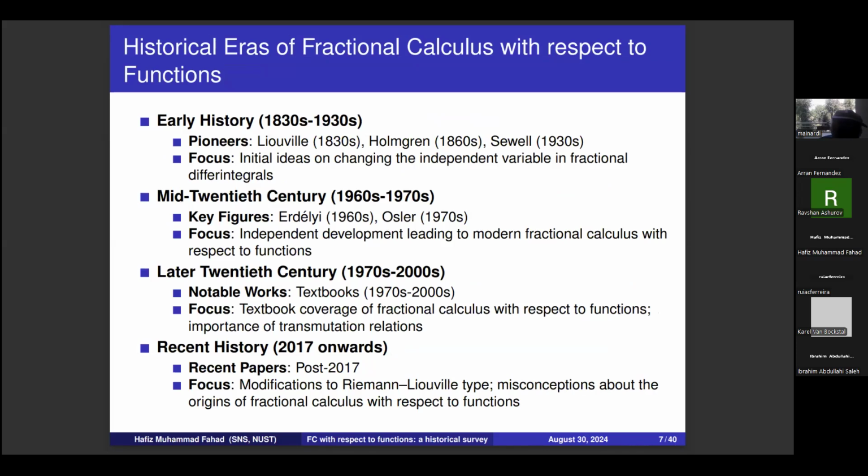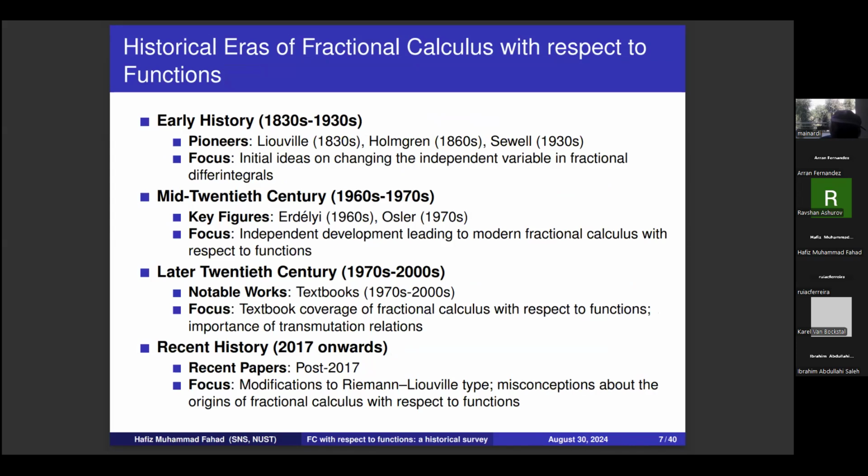Right. So to fully appreciate the development of fractional calculus with respect to functions, it is important to understand its historical context. So let's break this down into four key areas.